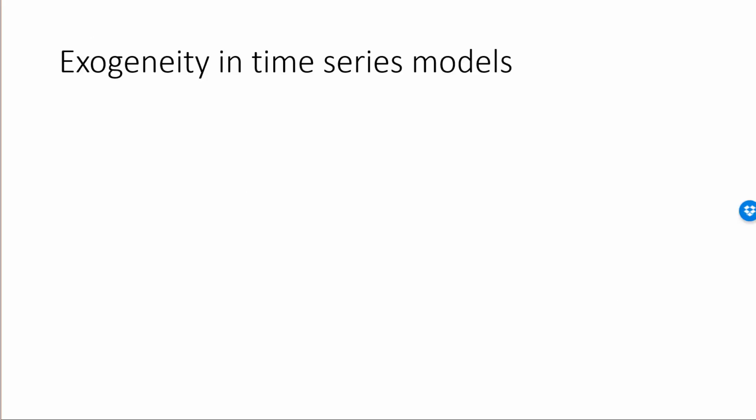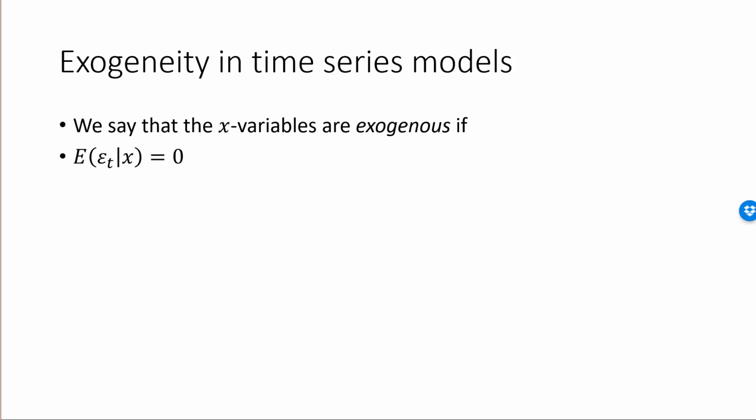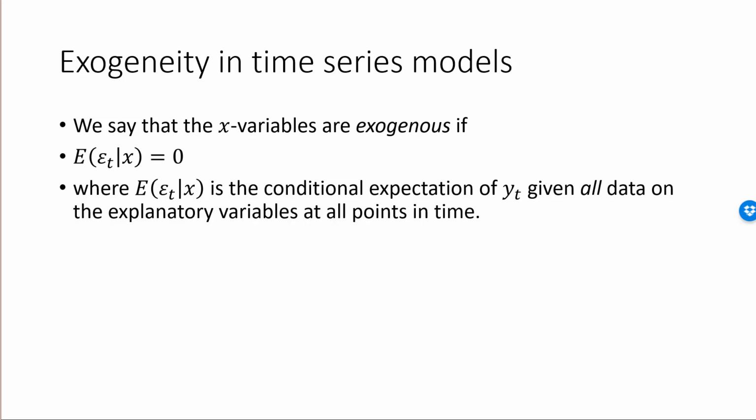So let's summarize this. The x variables are exogenous if the expected value of the error term at time t given all the x variables at all points in time is 0. And this conditioning on x is just shorthand notation for conditioning on all x variables at all points in time.